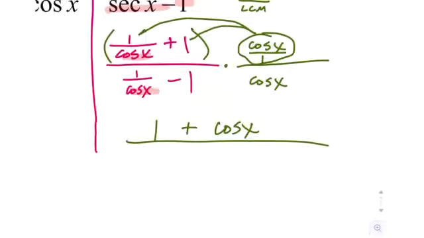And now we kind of go downstairs, right? There we go. Here are the stairs. Now we're downstairs, and we do the same thing. You can put that over 1 if you want to. You distribute cosine of x times 1 over cosine of x is 1, right? The cosines divide out. And then minus, what's 1 times cosine? Cosine, okay?